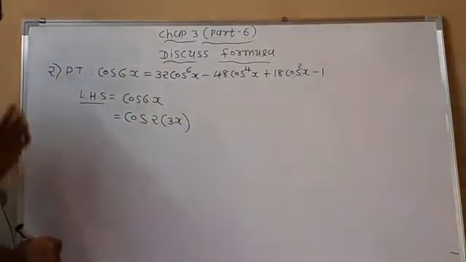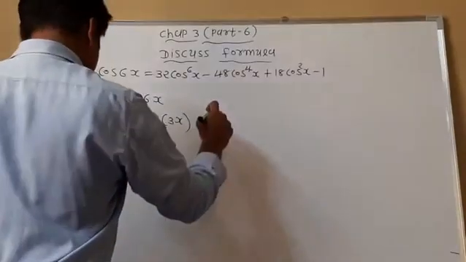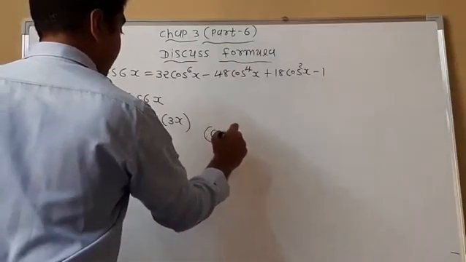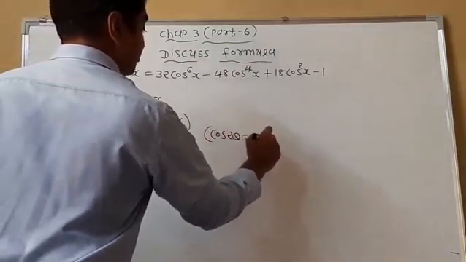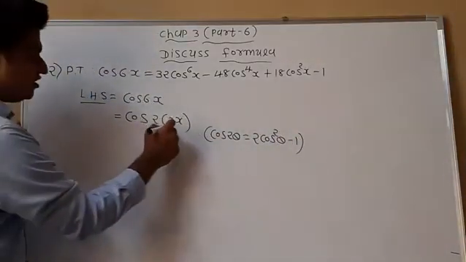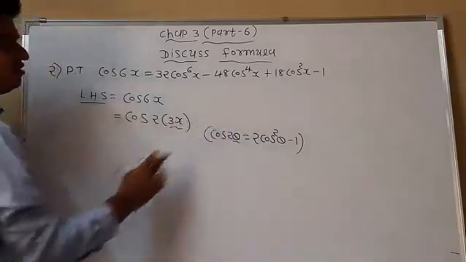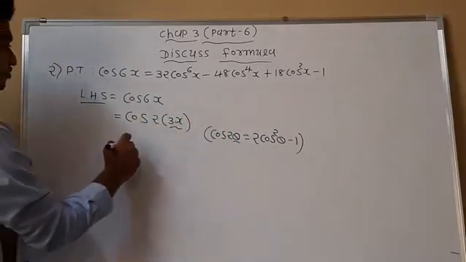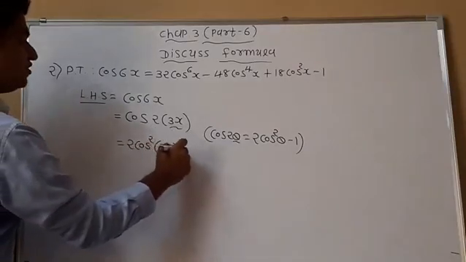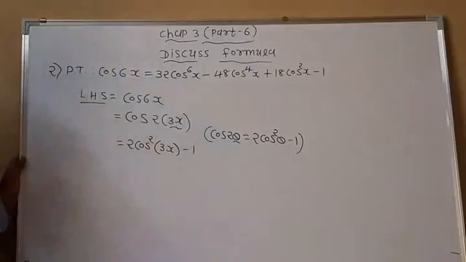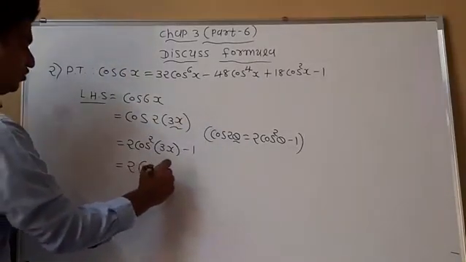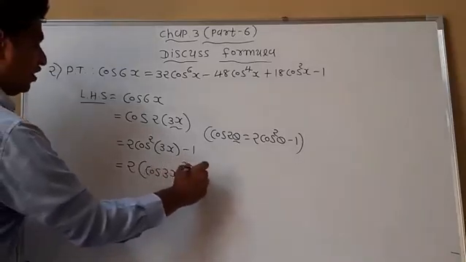Now which formula do we use here? Here we use cos 2 theta is equal to 2 cos square theta minus 1. Now here in place of theta consider 3x, so it is equal to 2 cos square of 3x minus 1. Now the square is written outside, so 2 into bracket cos 3x whole square minus 1.